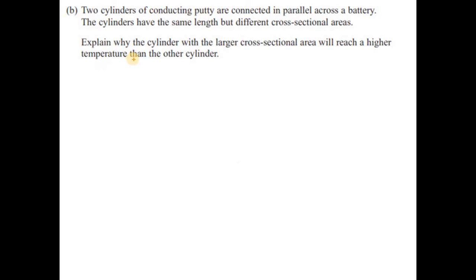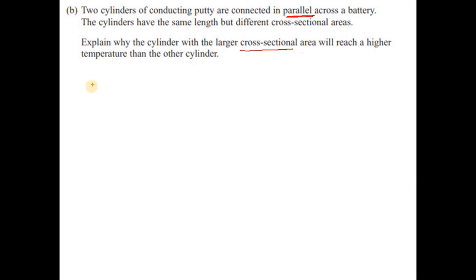Part B. Two cylinders of conducting putty are connected in parallel across a battery. The cylinders have the same length but different cross-sectional areas. Explain why the cylinder with a larger cross-sectional area will reach higher temperature than the other cylinder. So you have two conducting putty connected in parallel, and one cylinder has larger cross-sectional area.